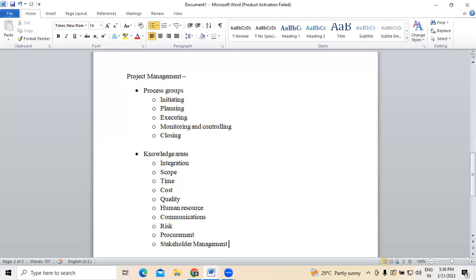Next, we need to gain final acceptance of the project. Followed by this, identifying the improvements required for the next project comes under the closing part. So these are the different activities which a project manager for that particular project usually does for any project.